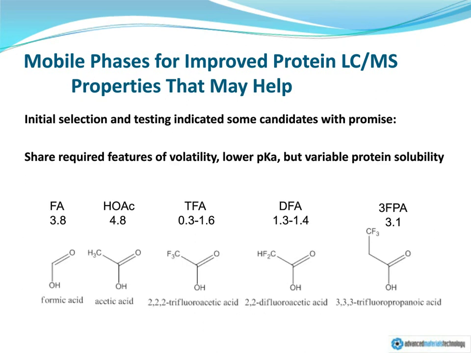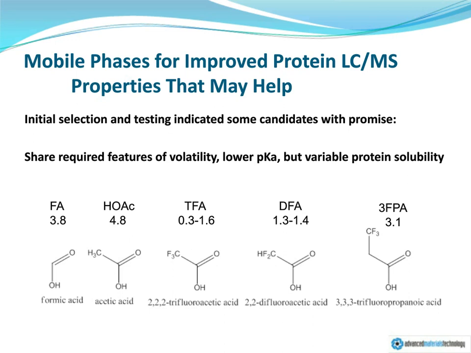Now, we've looked at a lot of different materials for doing this, and I will summarize by showing you some of the observations that we have been able to make in this area with a restricted set of additives that I'll go into more detail on. So in this case, we are comparing formic acid, acetic acid, trifluoroacetic acid, as well as two compounds that you may be less familiar with, difluoroacetic acid, shown fourth from the left, and first on the right, 3-fluoropropionic acid.